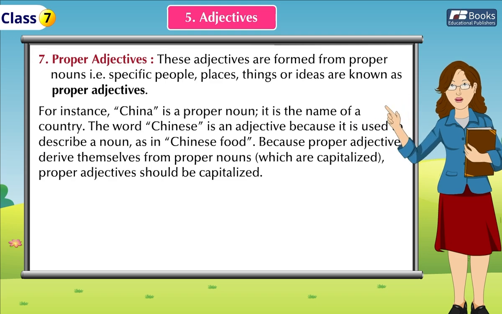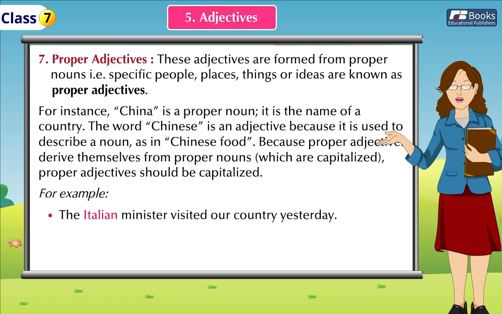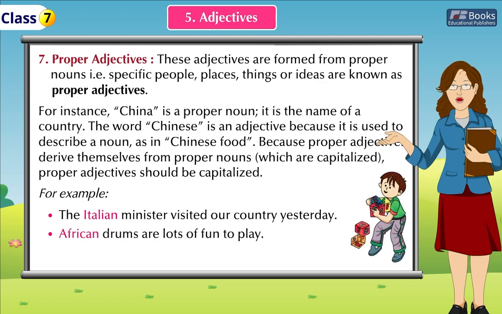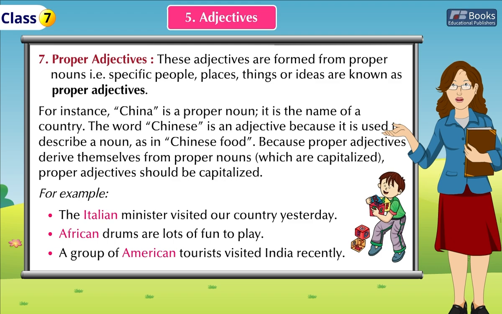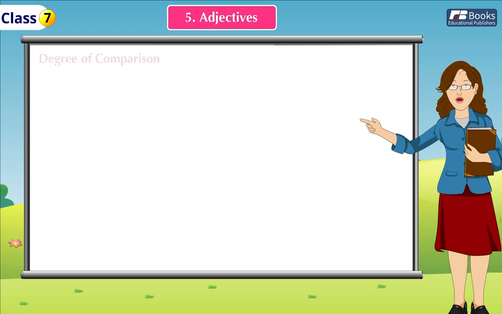Because proper adjectives derive themselves from proper nouns, which are capitalized, proper adjectives should be capitalized. For example, the Italian minister visited our country yesterday. African drums are lots of fun to play. A group of American tourists visited India recently.